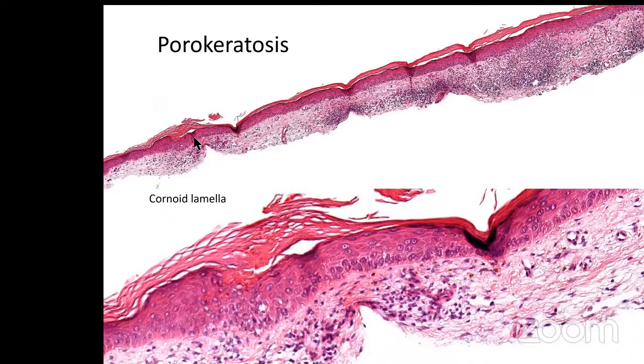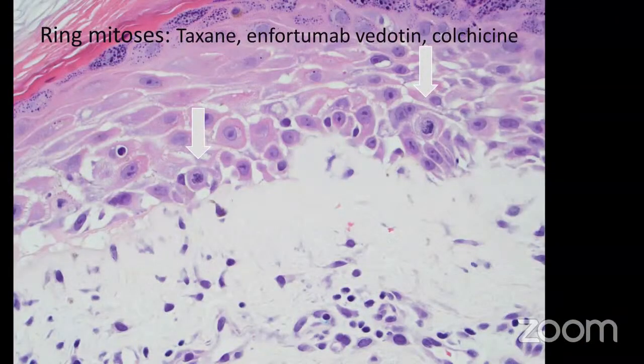I gave you an example that wasn't quite as classic, but here you see a break in the granular cell layer with some dyskeratosis, with hypogranulosis. So this is an example of parakeratosis that can be subtle, but that can also be a cause of a lichenoid infiltrate.